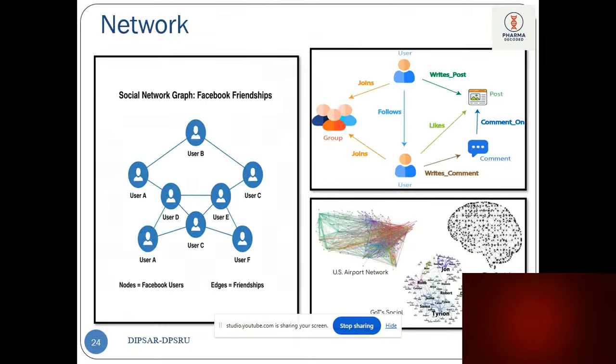Of course, if you go through the literature, you will find that these network techniques are also being used by NASA, also used by ISRO, also used to identify terrorists as well, right? You know all about Operation Sindoor.